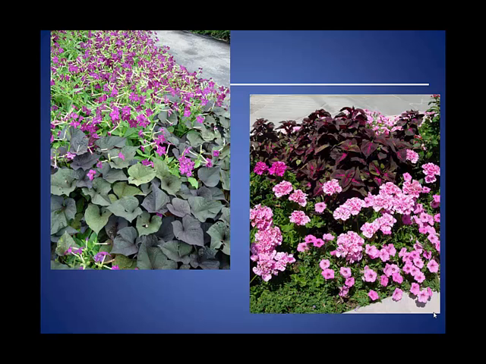Do any of you do this color echo with containers? Well, can you give us an example of the flowers that you use when you do it? Well, they have such pretty coleus now with all the different colors, and so I find a coleus that's got a color that matches. Pentas? Pentas.